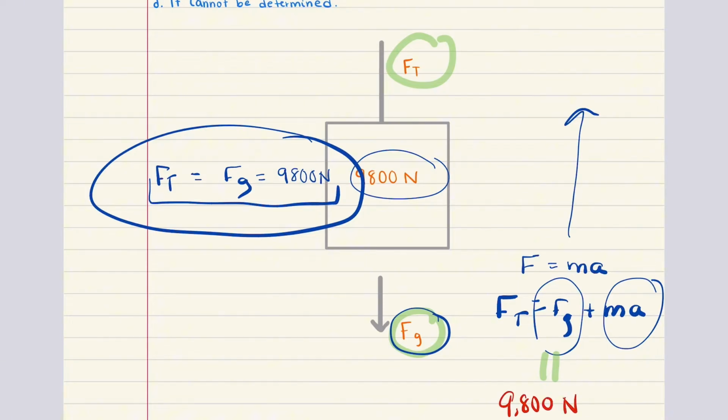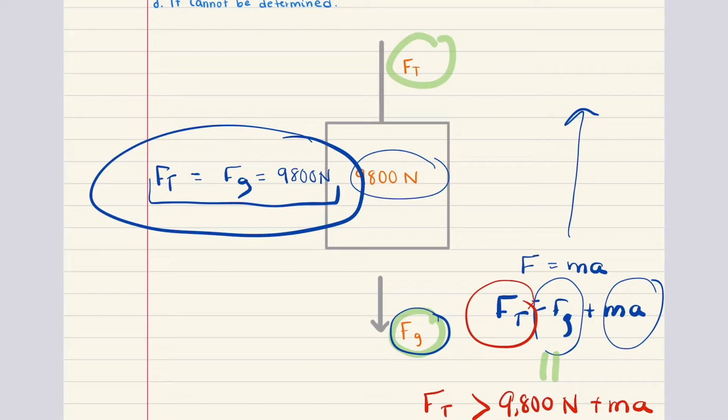And ma, mass times acceleration, is going to be a positive value because the elevator is accelerating upward. That means that the tension force is going to have to be greater than 9,800 newtons.